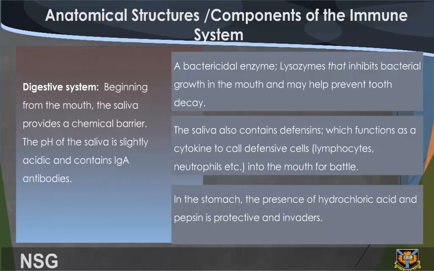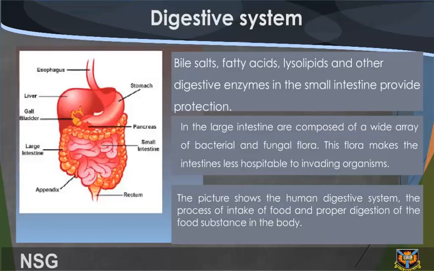In the stomach, the presence of hydrochloric acid and pepsin is protective against invaders. Bile salts, fatty acids, lysolipids, and other digestive enzymes in the small intestine provide protection.